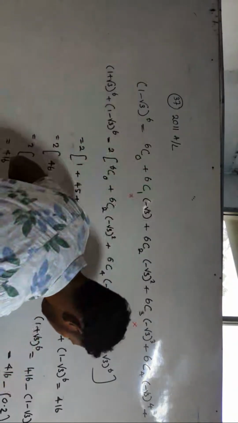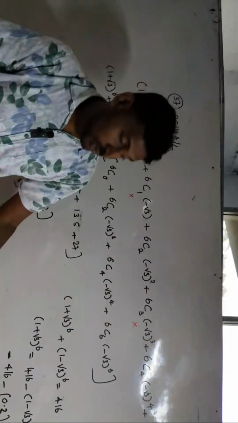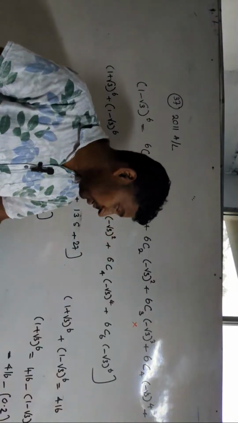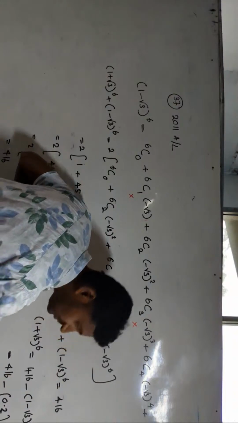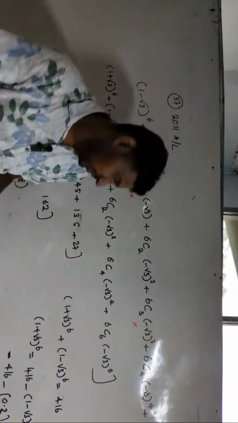So that means here 416 minus some kind of a decimal number. When you subtract 0 point some kind of a decimal number from 416, what is the answer? 415 point some decimal number. So what is the integer part? Okay. That's it.